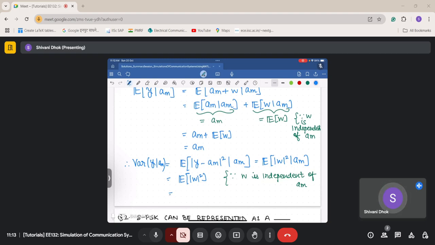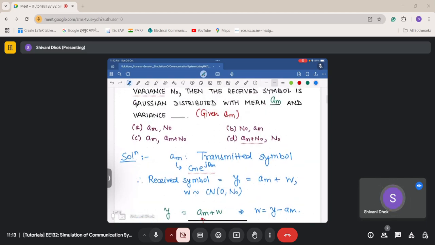Since this is zero mean, this is equal to your variance of W. So this comes out to be equal to N naught. So therefore the variance is N naught. So what we get is the mean is AM and the variance is N naught. Okay, so this is the correct answer. Any questions?